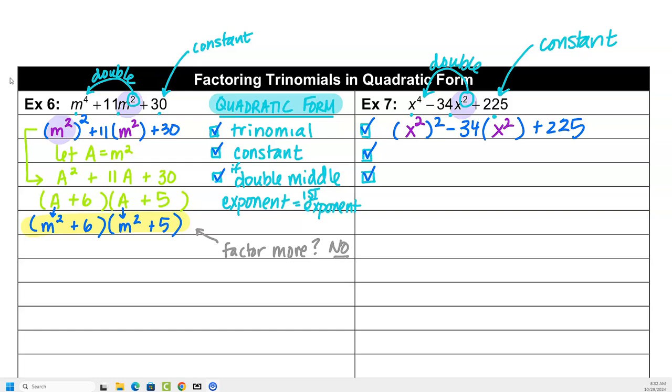So is that second line equivalent to the first line? Sure is. So now I can use my substitution technique. I can let A be equal to the x squared, and I can now rewrite this line to be A squared minus 34A plus 225.